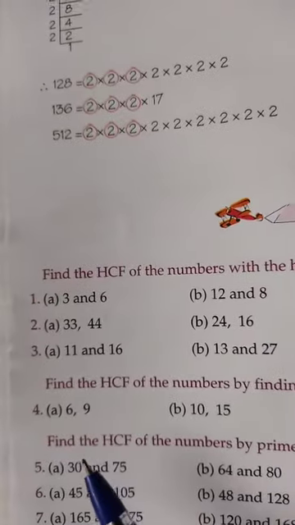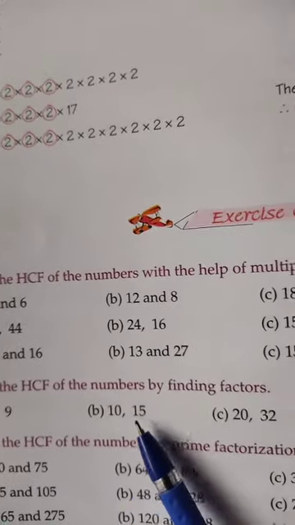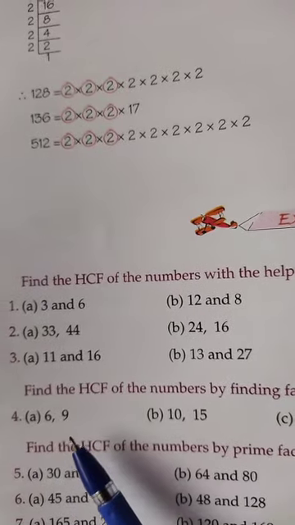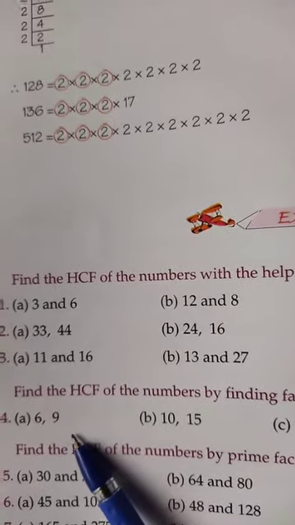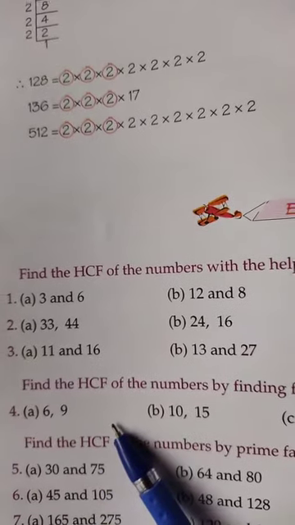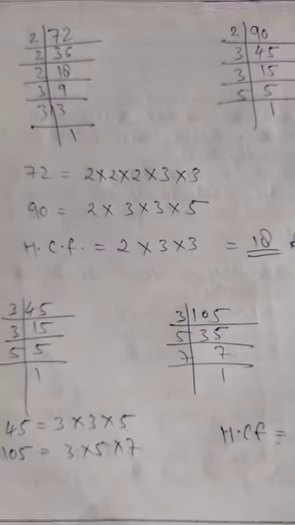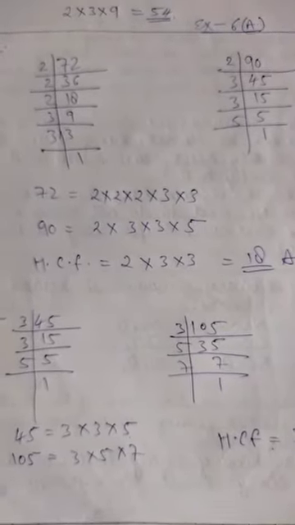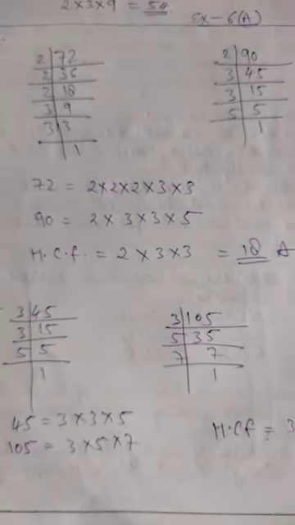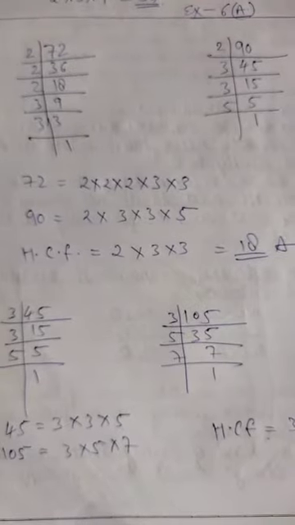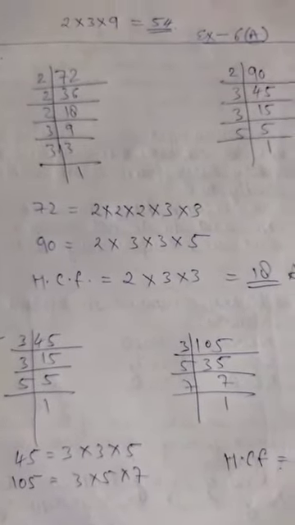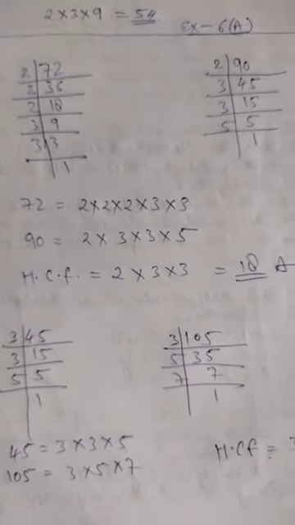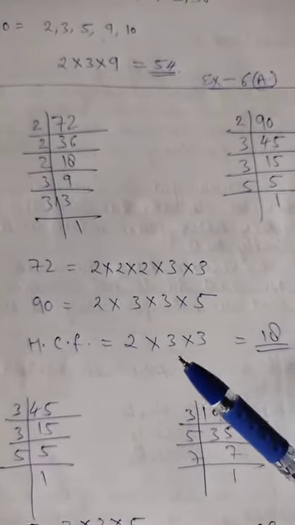Now find the HCF of the numbers by finding factors. So how are you going to do this? See, in the previous exercise, chapter number 5, I had explained how to find the factors. In the very same way, first of all you have to find the factors. I am doing the fourth question, E part.